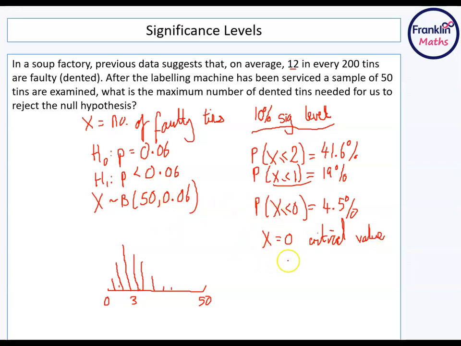And also then, there is a 4.5% chance of us rejecting a correct null hypothesis.